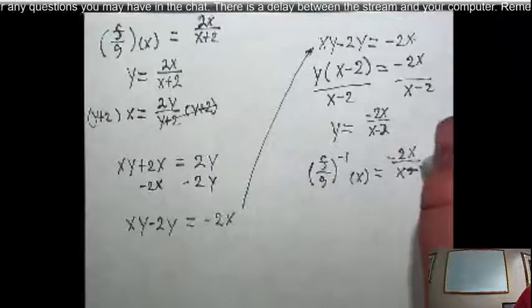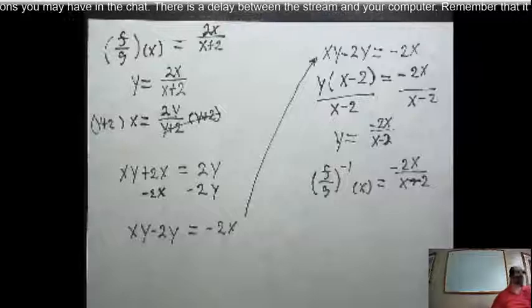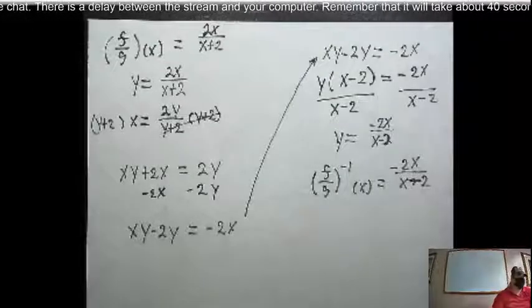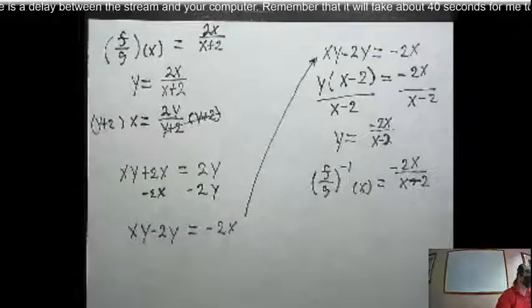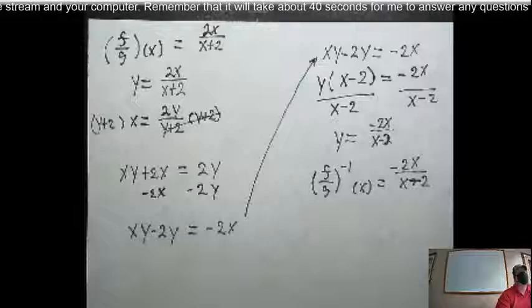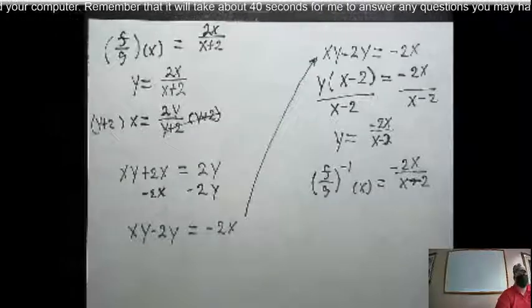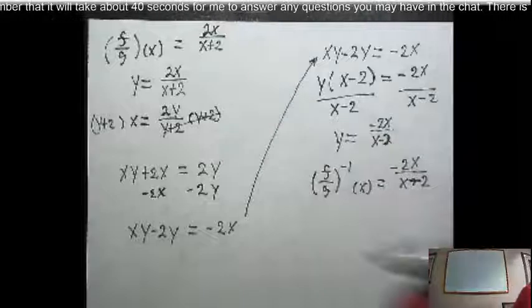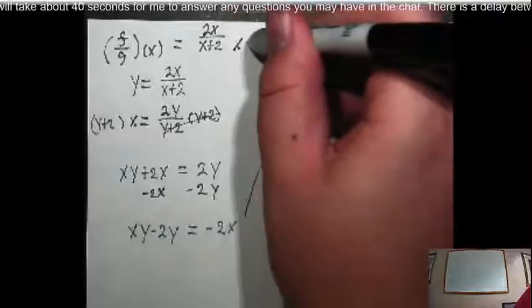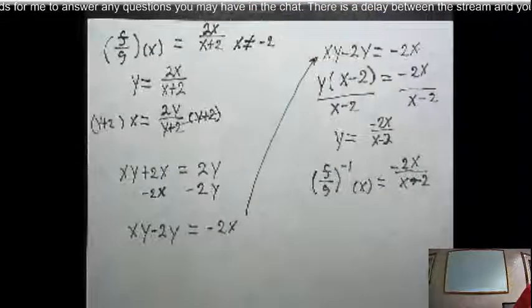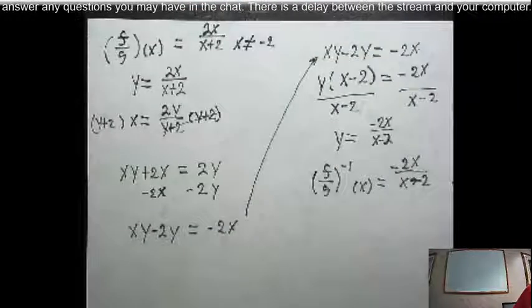Whoops, x minus 2. And of course we should find the domain. We already know this one is x cannot be equal to negative 2. This one, x cannot be equal to 2.